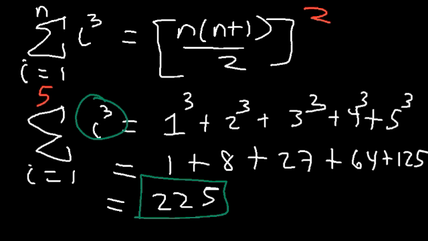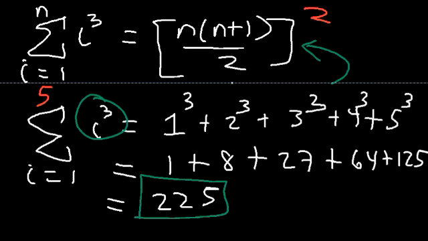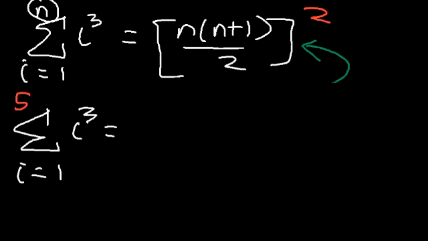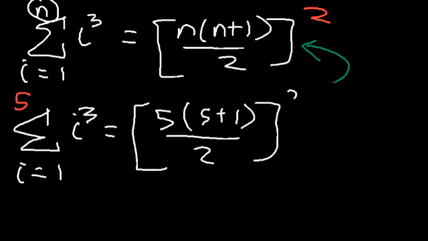The other way is to simply use the equation, because let's say if this was 100, you don't want to add it 100 times. So using the equation, all we need to do is plug in the n value, and n is 5. So then this expression is equivalent to 5 times 5 plus 1 divided by 2, squared.